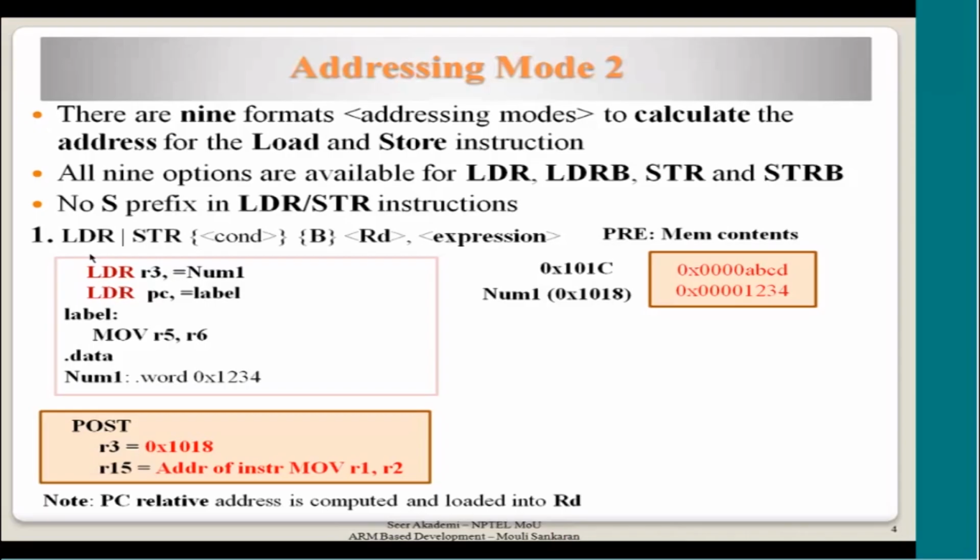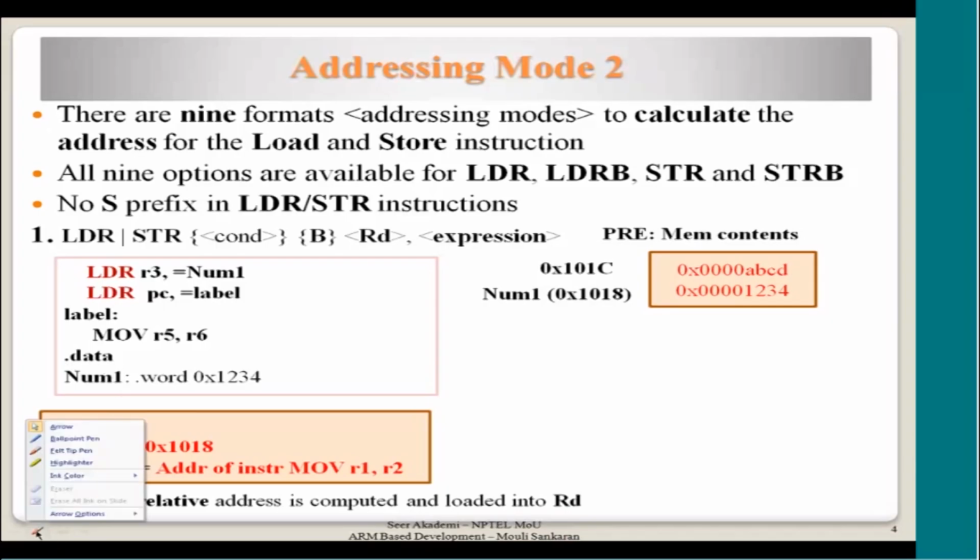I am not showing the full file. We are interested in only this part of the instructions. Assume we have put LDR R3, =num1. Num1 is a variable which you have declared.